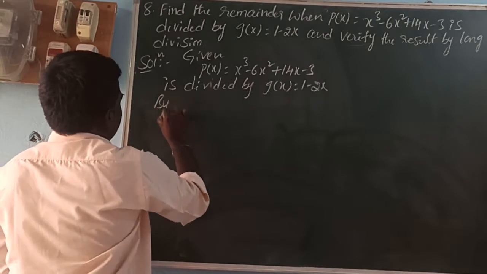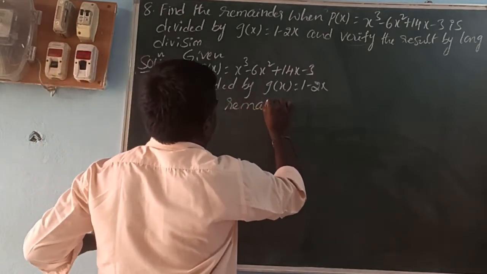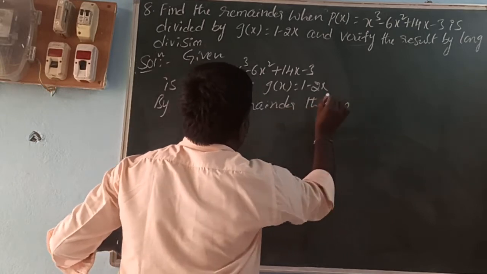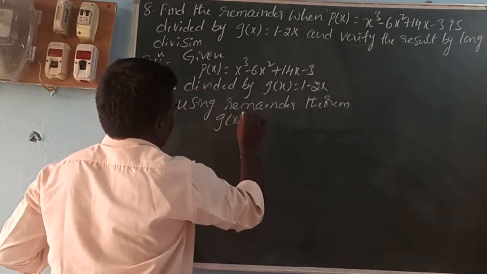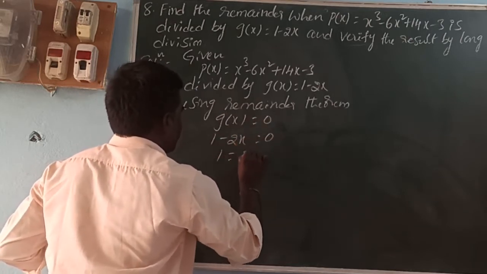So by using the remainder theorem, g of x is equal to 0. 1 minus 2x is equal to 0, so 1 is equal to 2x.